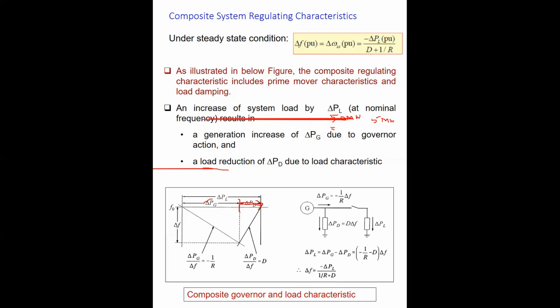This should correspond to delta P. So we will have the generation output regulation of just 45 megawatt due to presence of dynamic load, that's the induction load.